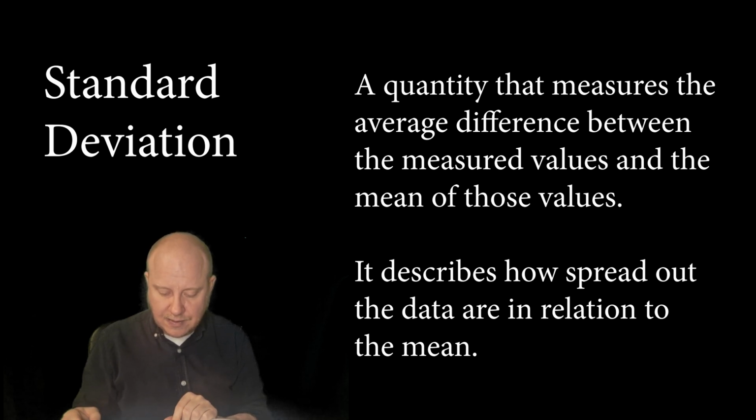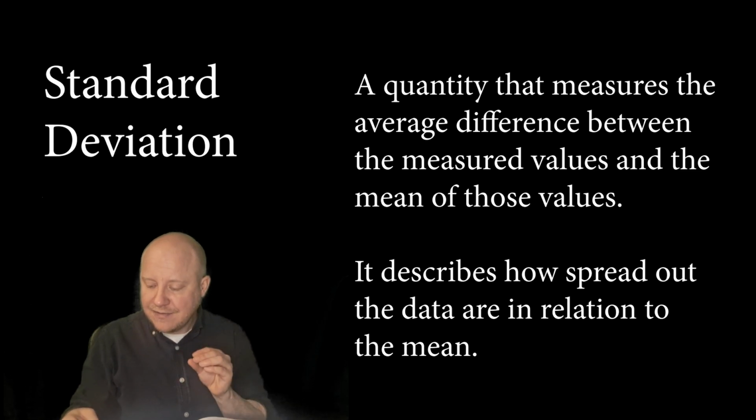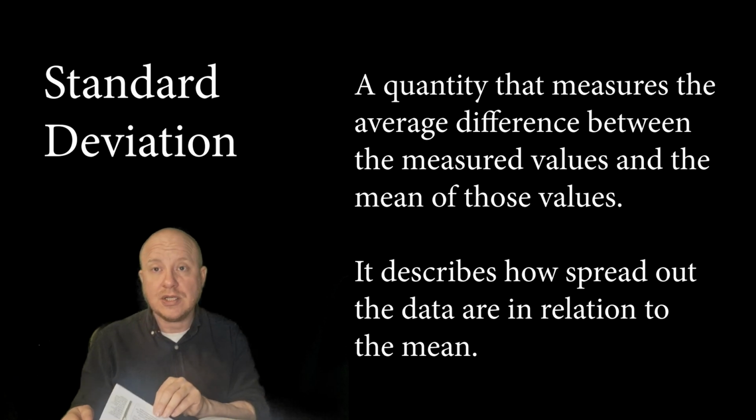In this example, the standard deviation of the mean number of individuals per quadrat could be determined using a calculator to give a measure of the variation and how evenly the population is spread. Standard deviation is a quantity that measures the average distance between the measured values and the mean of those values. It describes how spread out the data are in relation to the mean.